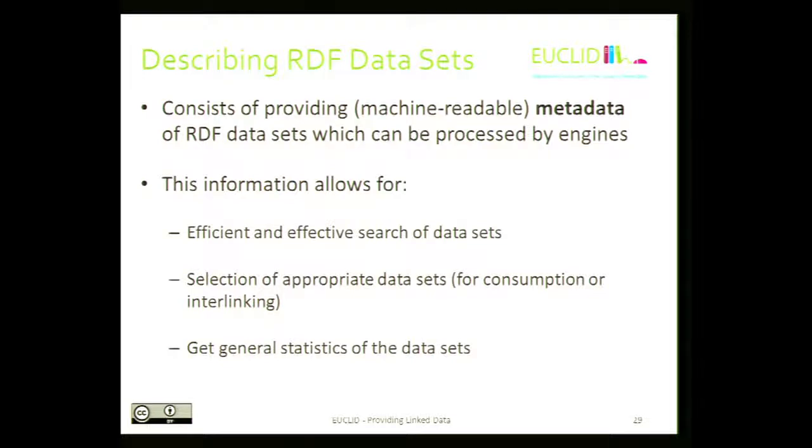So, in order to describe our data sets, give them their own metadata, what we're looking for is the ability to give efficient and effective searches over data sets. So if someone has a data need, they're going to be able to find our data set and know that it's potentially useful.